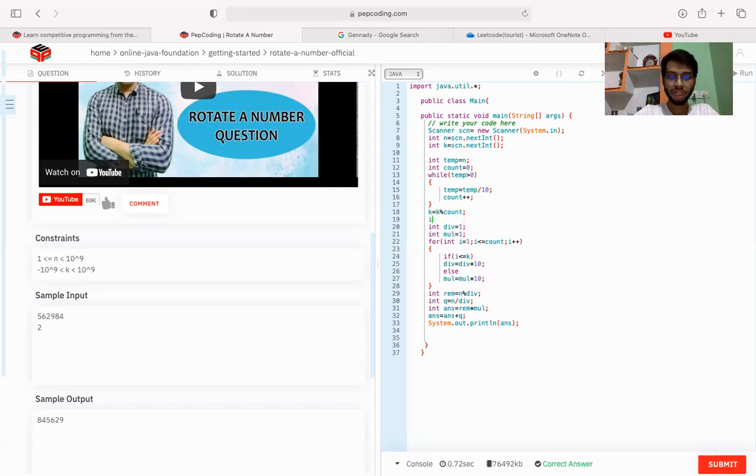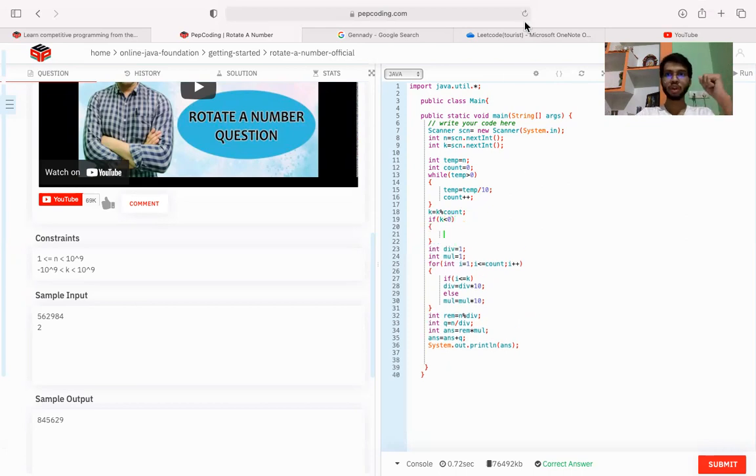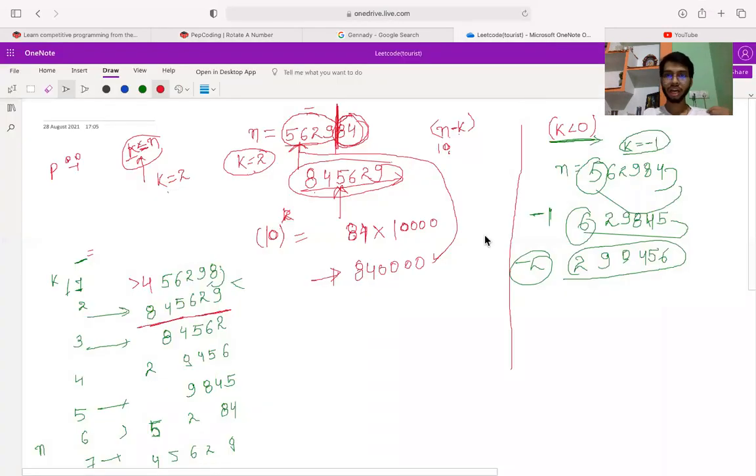Now one more condition is left over, that is, if k is less than 0, if it is negative. How are we going to tackle this condition? Instead of making changes in my code, I'll make a condition that will support my code.